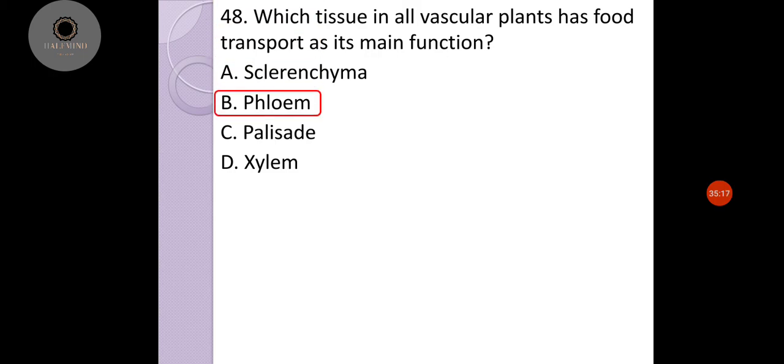Okay? Phloem for foods. So, PP, phloem for foods. Hindi ka maglibog between phloem and xylem. Phloem for foods, xylem for water.